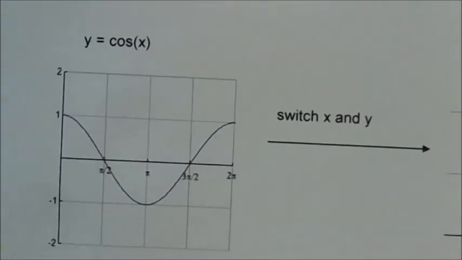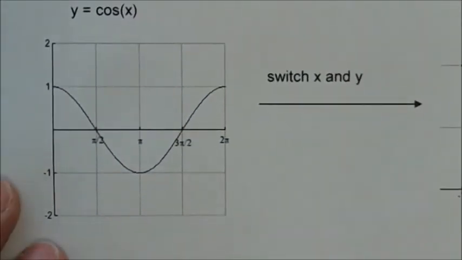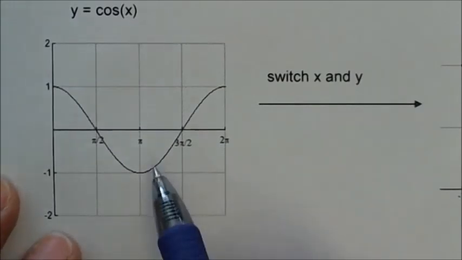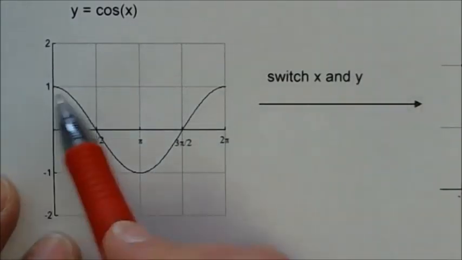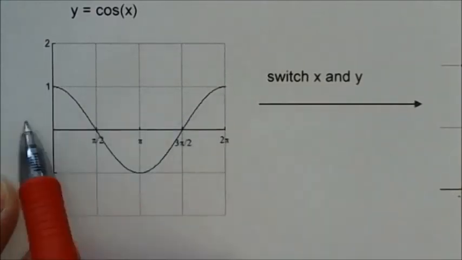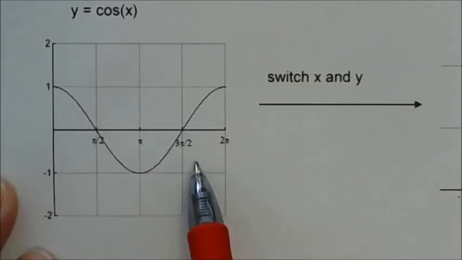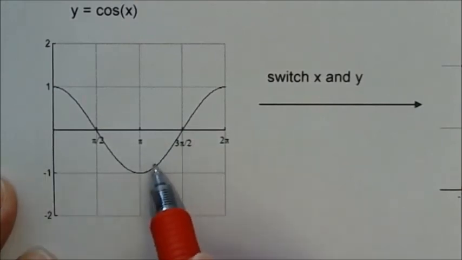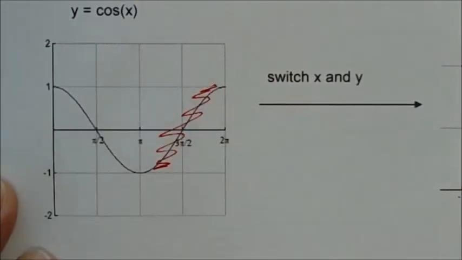Do the same for y equals cosine x. I'll get it right the first time here. If we look at our cosine curve here, it is a function, but it's not 1-to-1 as it is. It doesn't pass the horizontal line test, it fails once we get here. So let's take that away.